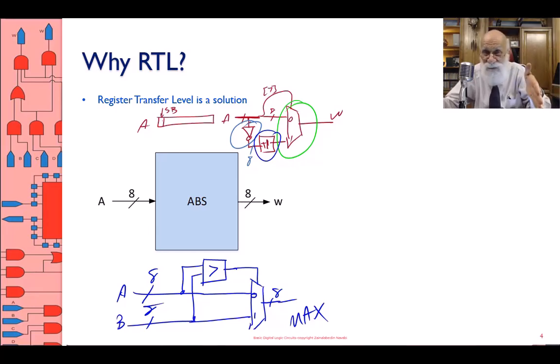Can I cascade that to make it an 8-bit comparator? Yes, I can. So let's take two 4-bit comparators, put them together, make an 8-bit comparator. And then how about the multiplexer? Well, maybe I have a 2 to 1, maybe I have again a quad 2 to 1 multiplexer.